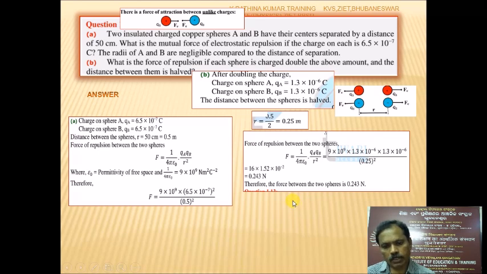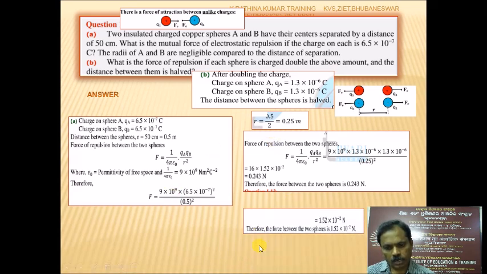The force between the two spheres is 0.243 Newton. And the simplified value for the first one is 1.52 into 10 power minus 7 Newton. Therefore, the force between the two spheres is 1.52 into 10 power minus 7 Newton in the first case, the second case is here. Simple equation only, but the simplification and substitution is very important.